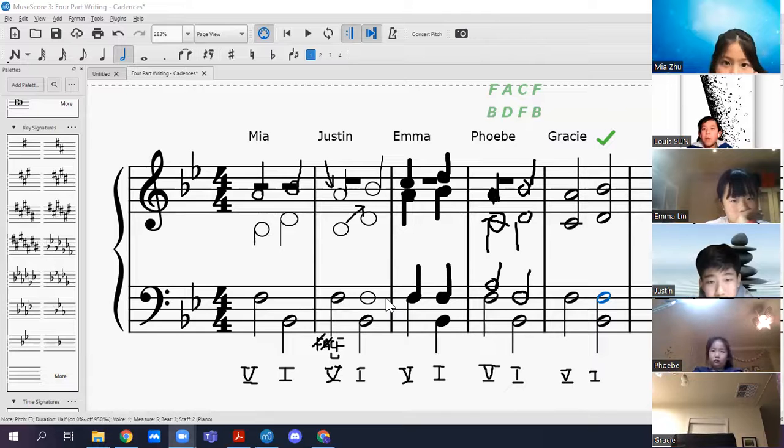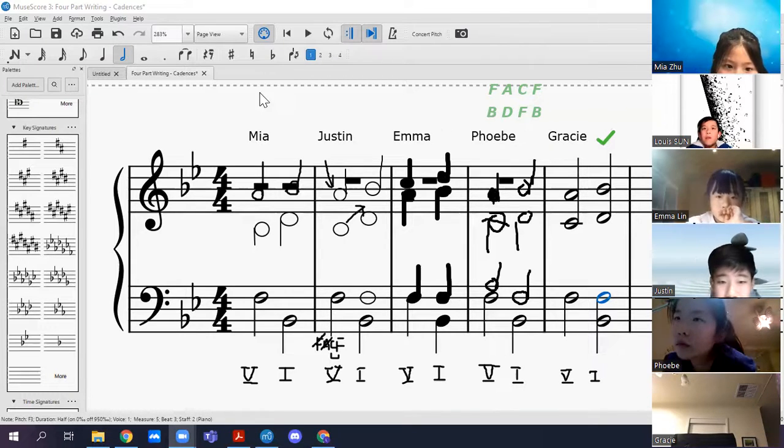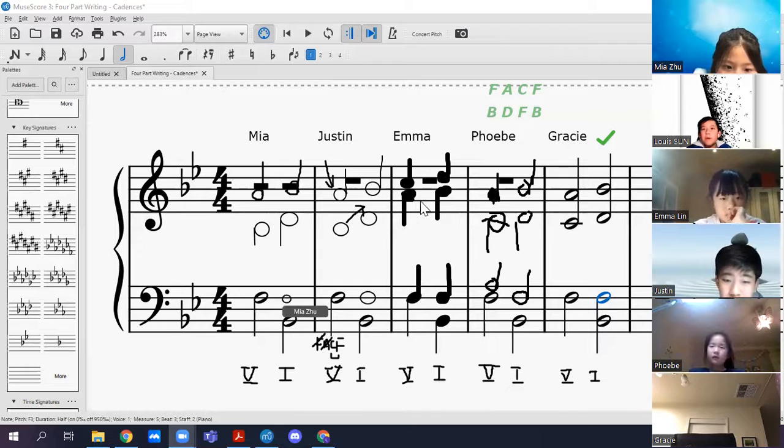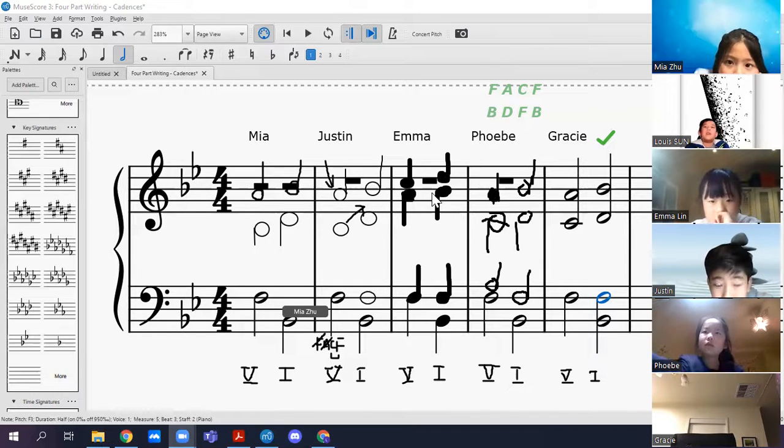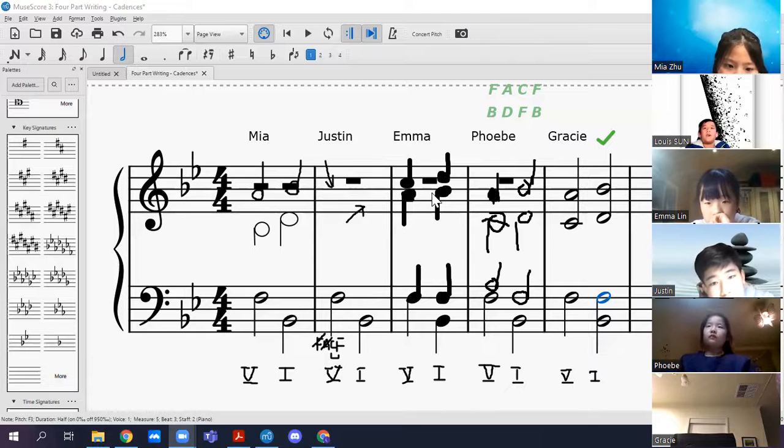So Emma, that is perfectly fine, except that you put your leading note in the alto, but I'm fine with that.